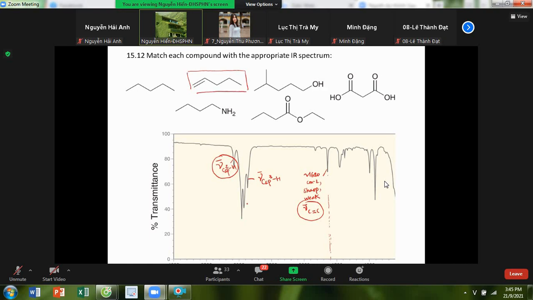And you see that the intensity of the signal for CsP3H is strong. And it is weak. Why? Because here you have only three CsP3H bonds.